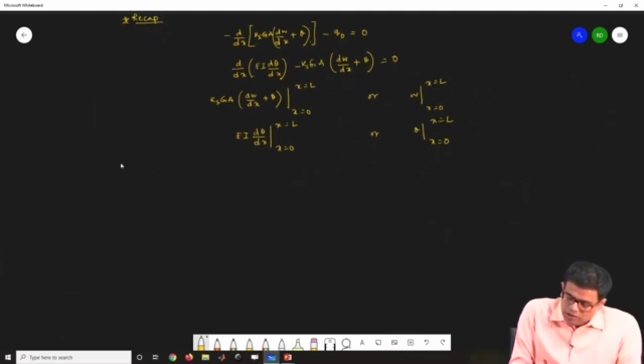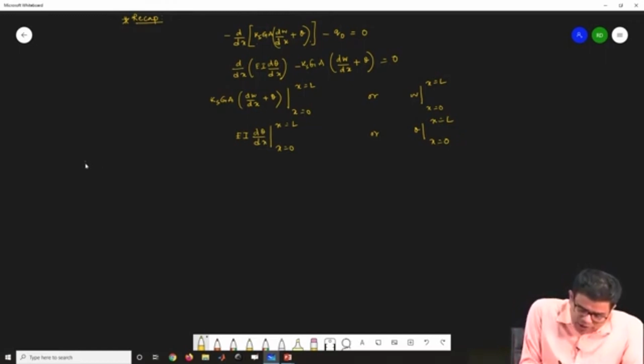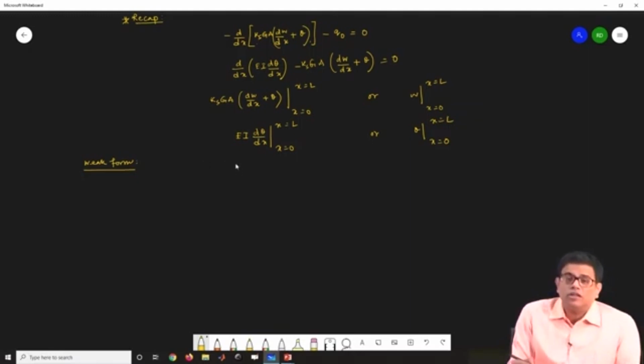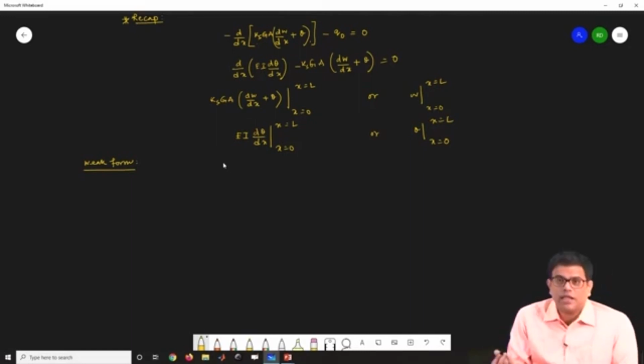Then by doing the weak form that we explained in the earlier class, we discretized it with the shape functions phi and psi.